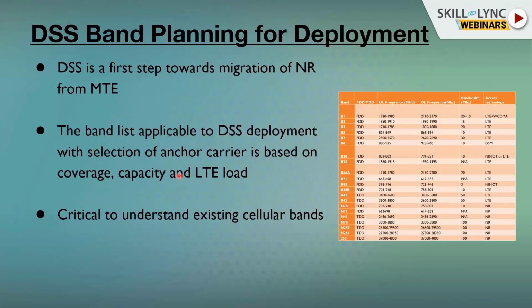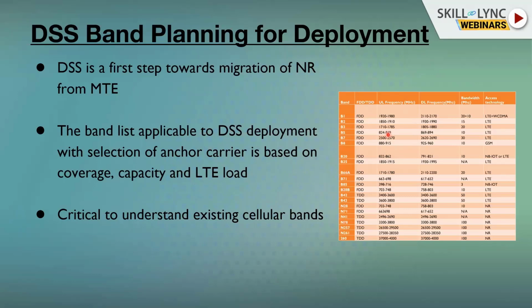Now, let's speak from an RF planning and design engineer's perspective. If you need to deploy DSS in your network, what does the planning engineer need to consider? Well, you need to consider what FDD carrier bands we can use, because every operator would have purchased different spectrum. So we need to know what spectrum we can use, which one is the most highly deployed, and which one has the highest coverage.